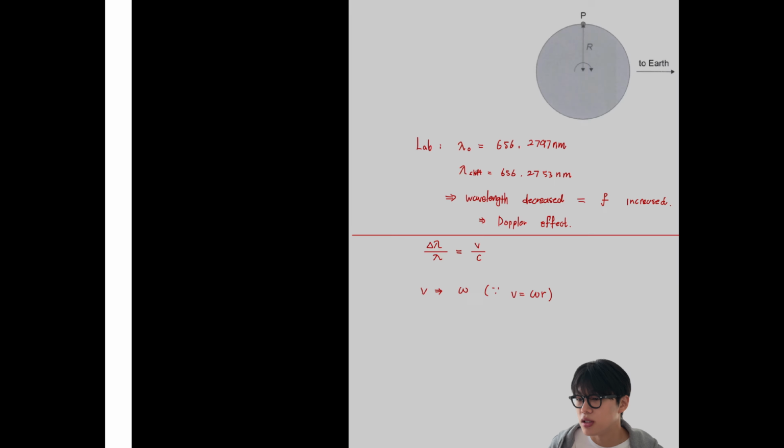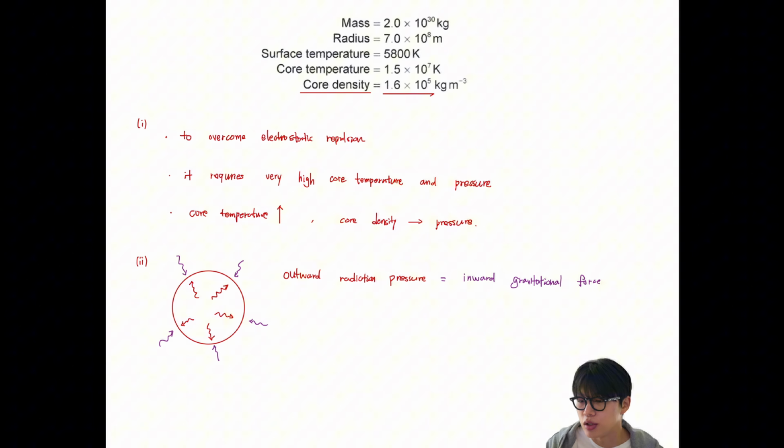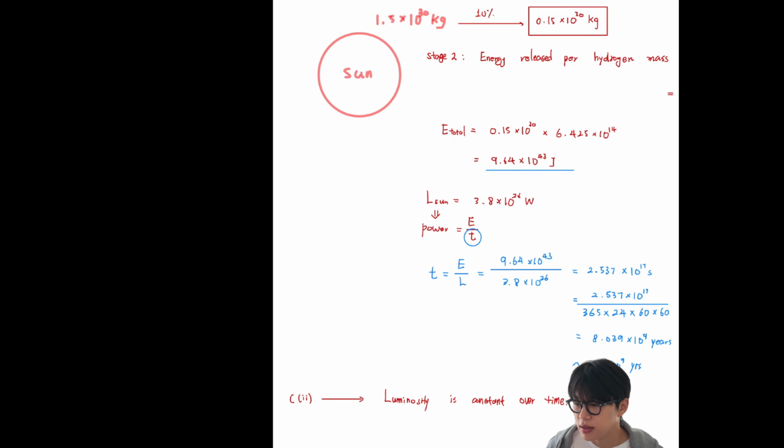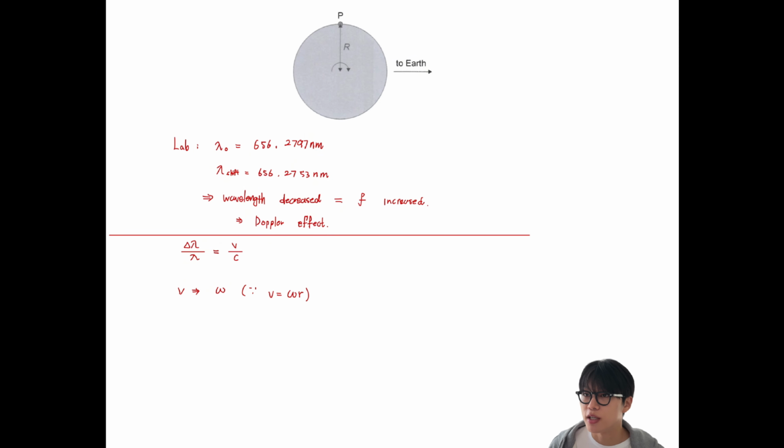So the sun's radius is 7 times 10 to the 8 meters. Then we can calculate the angular speed using this equation. And with the angular speed, you have omega equals 2 pi over period, so using this one, we can finally get the period.